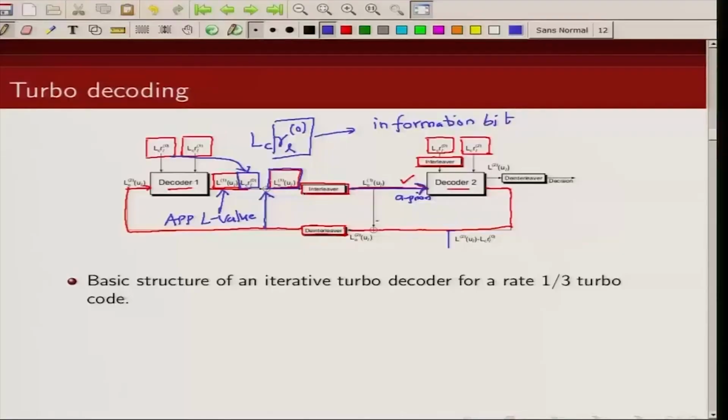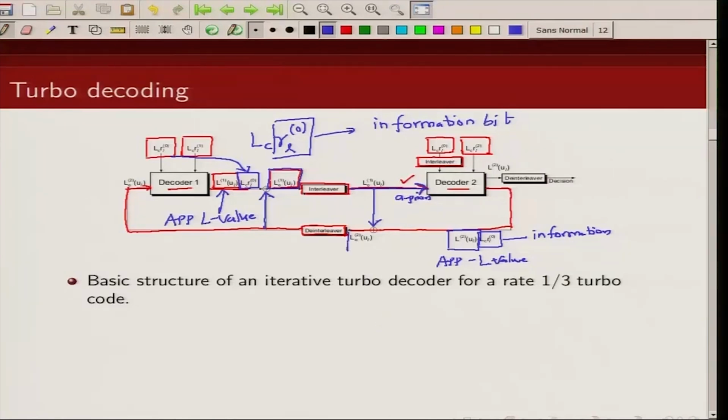Now, how do I compute extrinsic information for decoder 2? The same procedure. This is my APP L value corresponding to the information bit. I subtract from there the contribution of the information bit. This is my L_c r_l0 term, and then I am subtracting the contribution of the a priori information.